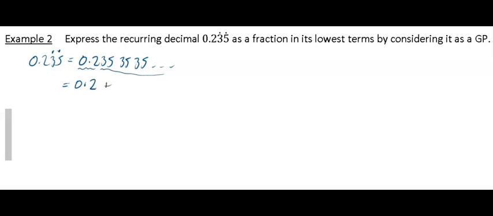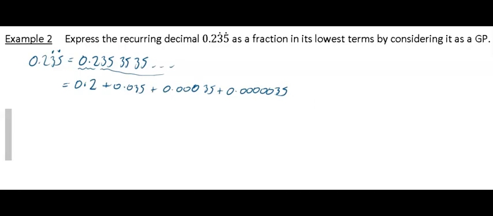So I'm going to do 2 digits at a time. So the first 35 is 0.035, remember. The next 35 is 0.00035. The next one is 0.00000 and then the 35. 0.0000035 and so on.